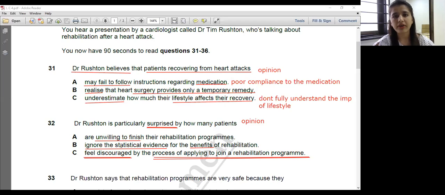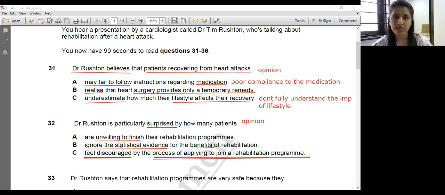Similarly here, you are not supposed to choose or finalize your answer based on one word, because the tricky part is that one word from each answer choice will be there. It would not be that easy to rule out one answer choice, because you will see that something about each answer choice is there in the audio.